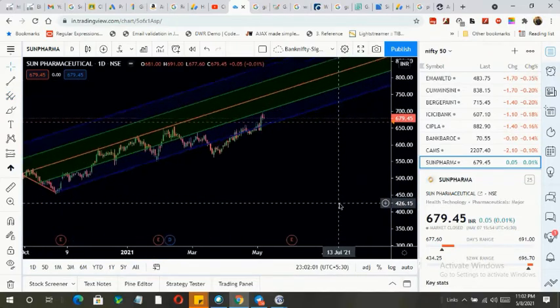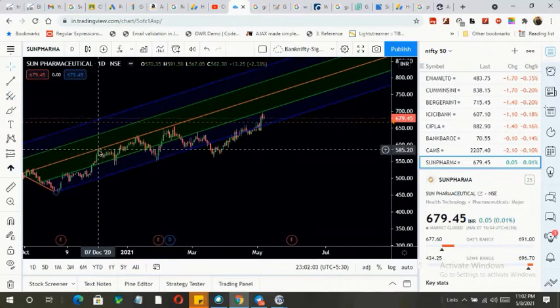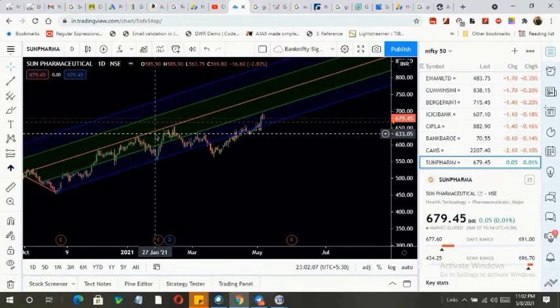See that it wasn't able to cross this middle line. The middle line is acting like a magnet. It attracts the stock, but when it reaches there, it pushes the stock back to the lower levels.